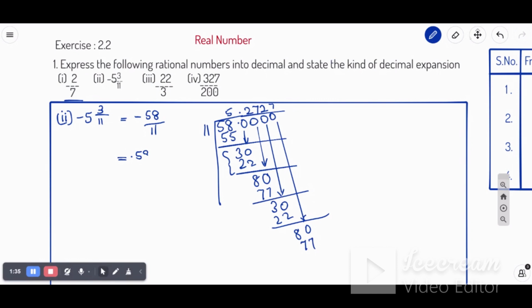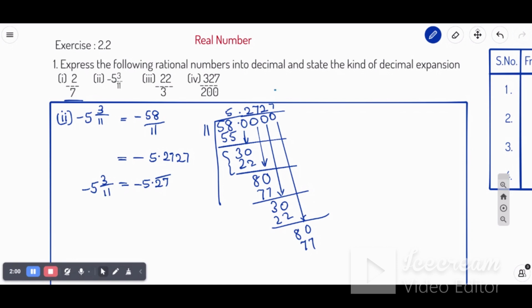You can write it with the minus sign kept as such, and it will be 5, terminating means 1, and 2727, it goes like that. So you can write this simply as 5.27. The numbers which are getting repeated, just put a bar on top of them. So this is your answer, minus 5 3 by 11.